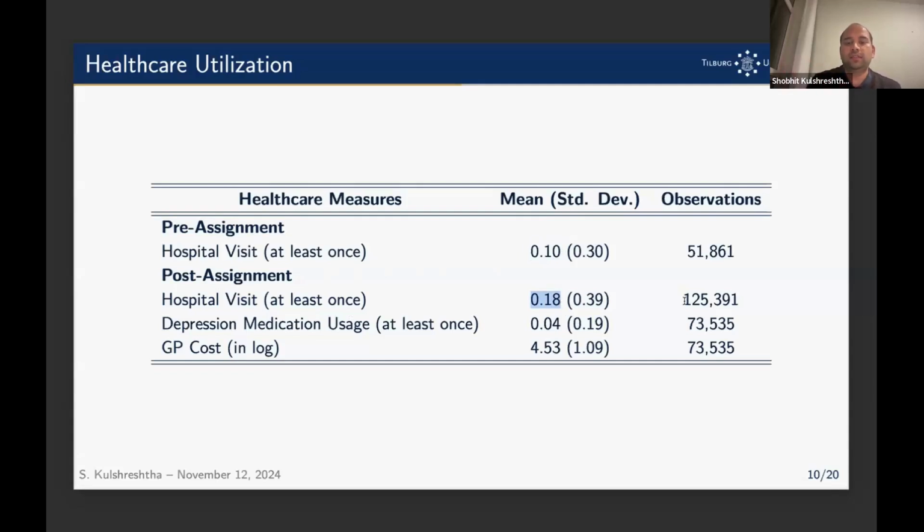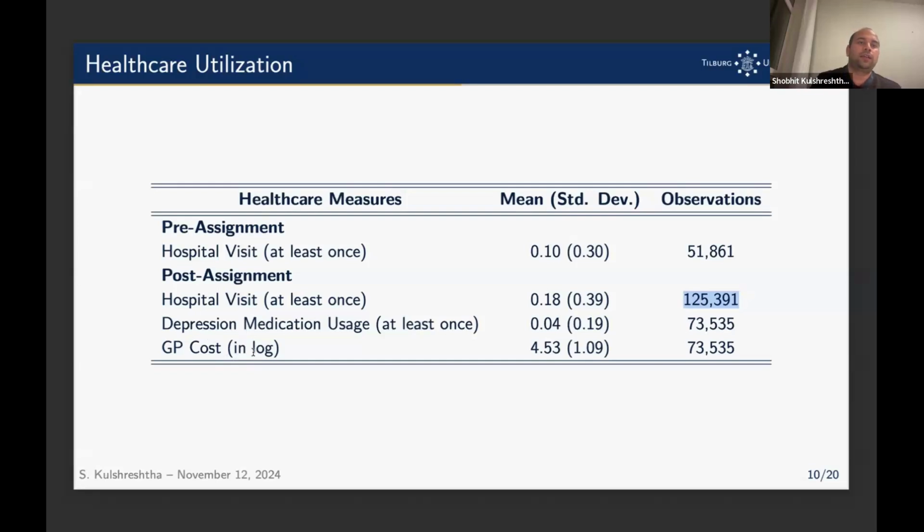And here these are individual-year pairs, so it's not just this many people but also year-wise. I could do this for a bigger share, mainly because I know exactly whether they visited a hospital on a particular date. So even in the same year, I can know whether they visited a hospital before or after their assignment.